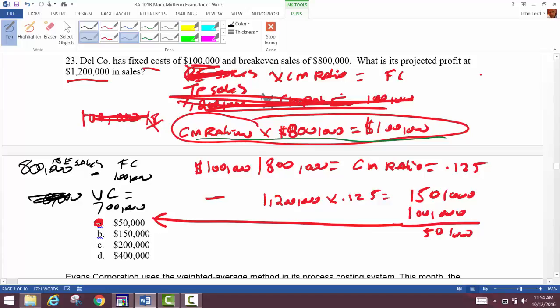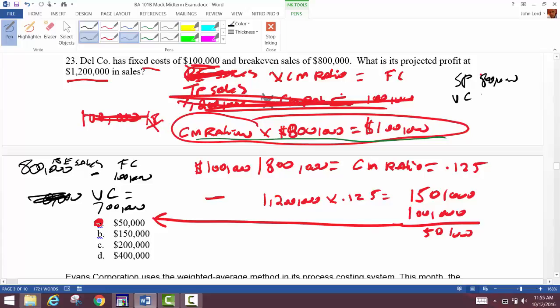Okay, once you got variable cost of 700,000, then what? You can get the contribution margin and break even. Contribution margin is going to be sales price of, you're saying, 800,000 minus the variable cost of 700,000.